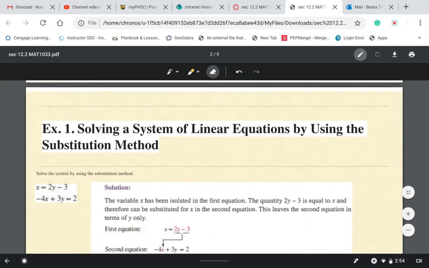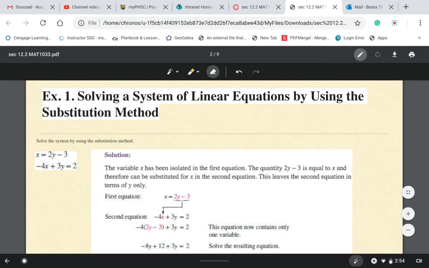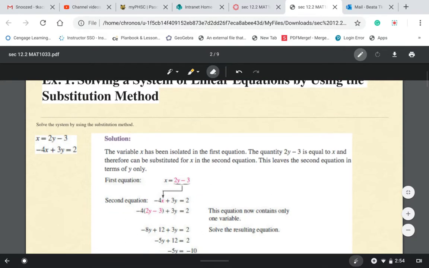First I want to talk about an example which shows you all the steps of how to use the substitution method when solving a system of equations algebraically. Here on the left side, you have a system of equations. The first equation is x = 2y - 3.